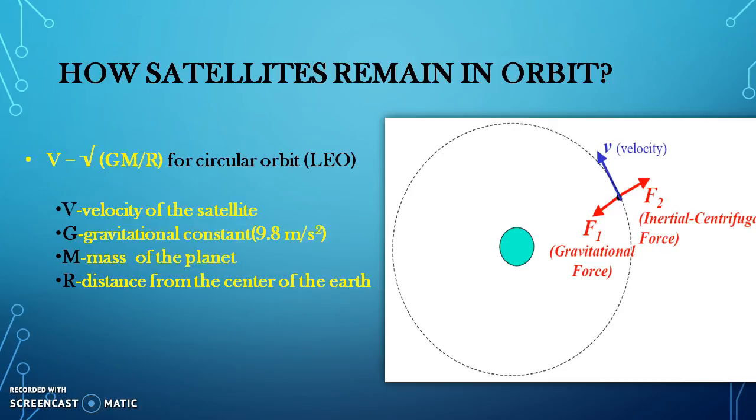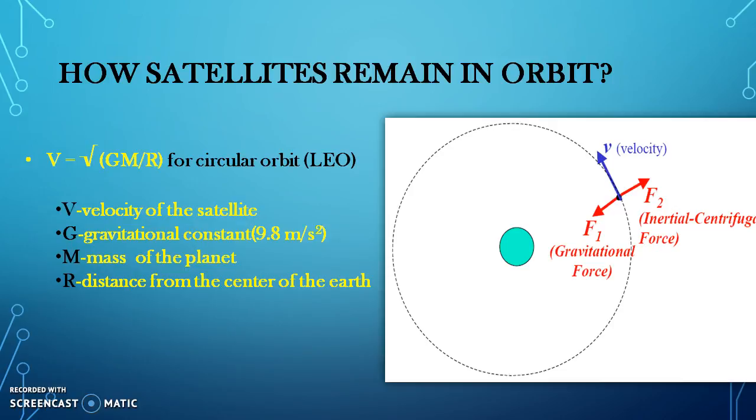M is the mass of the object, and r is the distance from the center of the Earth. So finally we get the velocity of the satellite, that is, how fast the satellite has to rotate around the Earth in order to remain in orbit. This is the fundamental formula for a circular orbit, that is, a low Earth orbit.